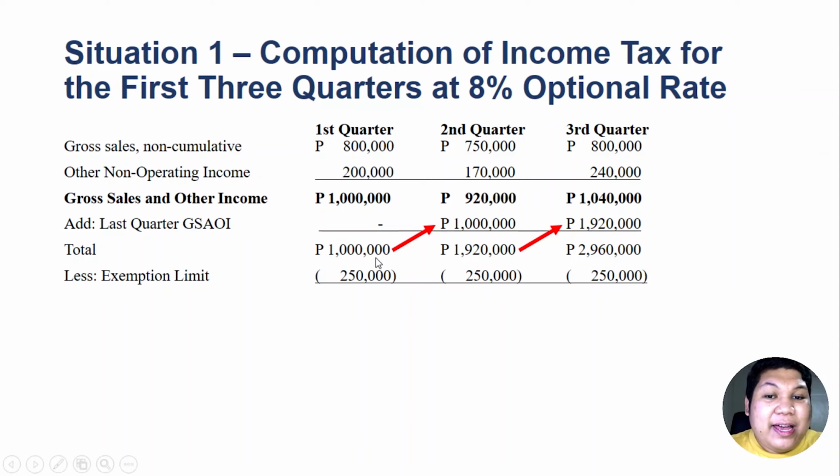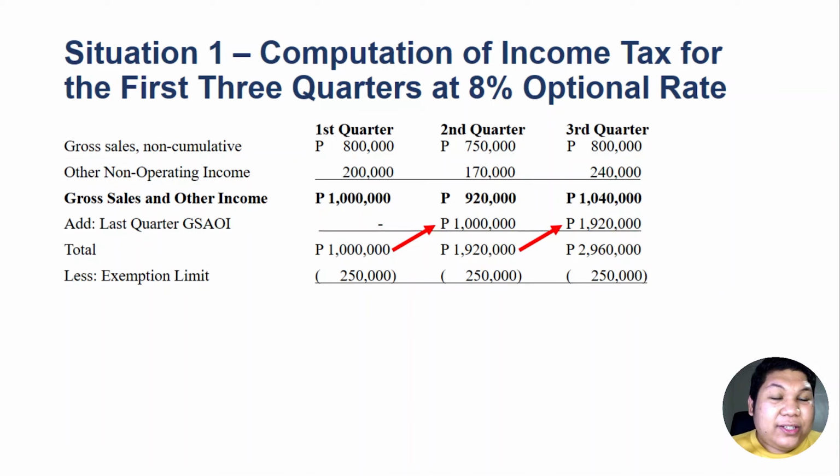The 1,920,000 in the second quarter includes the 1 million from the first quarter, and the 2,960,000 in the third quarter includes the 920,000 from the second quarter and the 1 million from the first quarter. Since the 1 million, 1,920,000, and 2,960,000 are all cumulative, we deduct the 250,000 pesos in each quarter.